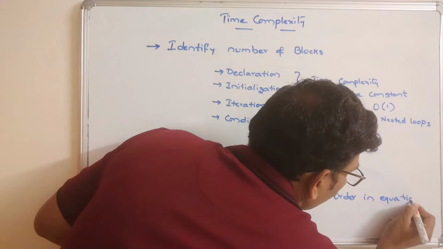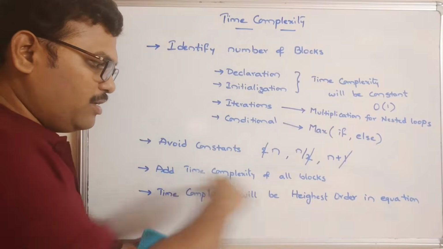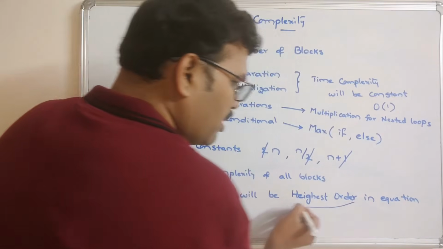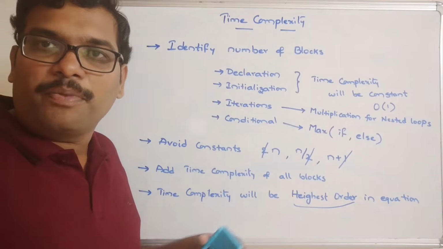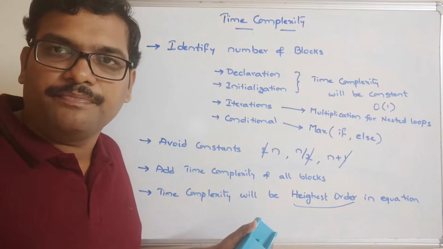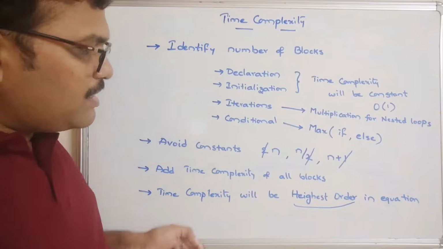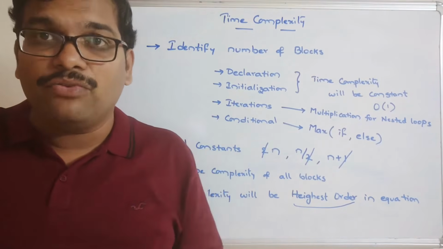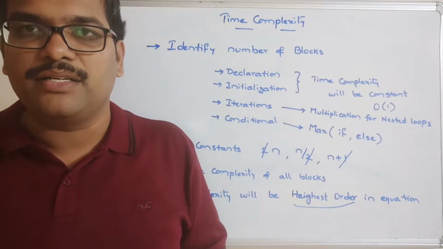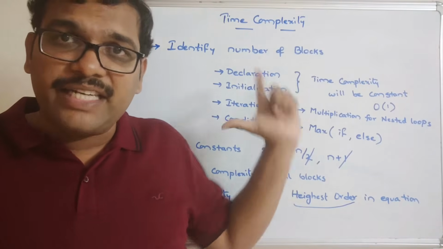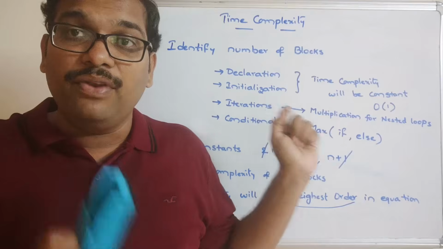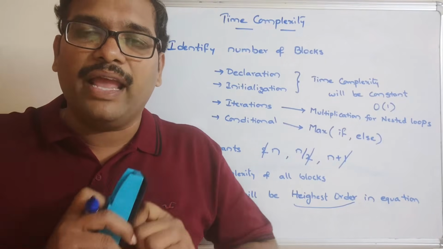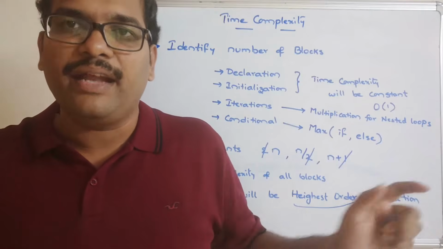So if we apply the addition of the time complexity of all the blocks, the highest order will be the final time complexity. Okay, so these are the points we have to remember before calculating the time complexity. If you understand this, it will be very easy to calculate the time complexity for any type of algorithm and any type of code.